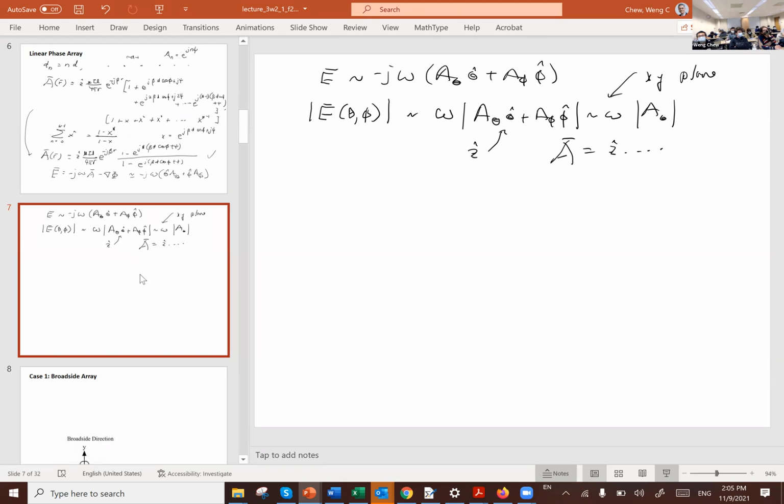We are putting ourselves on the x-y plane to make things simpler. So finally, you find that this thing is the amplitude of the electric field times this very complicated thing.